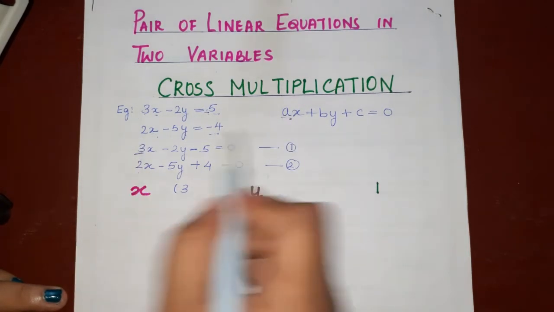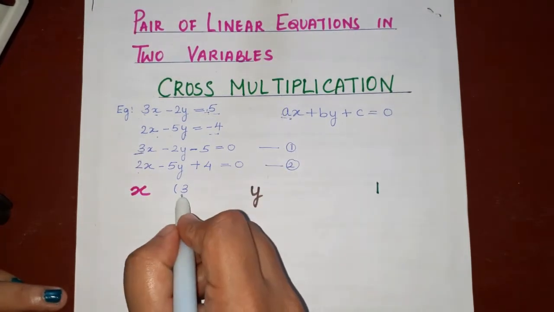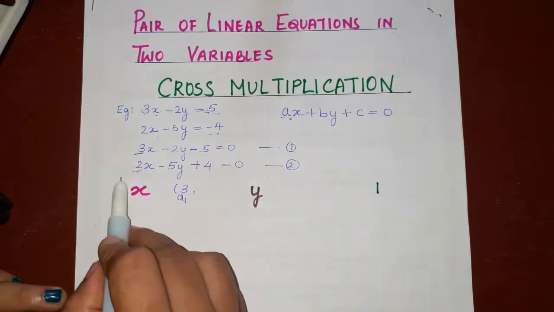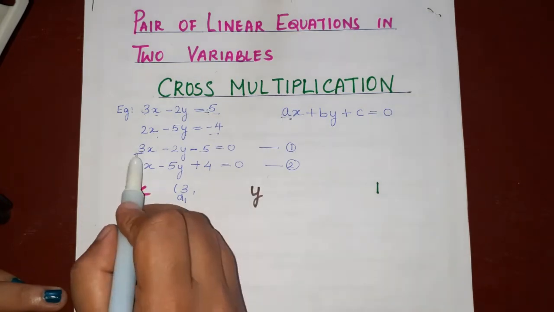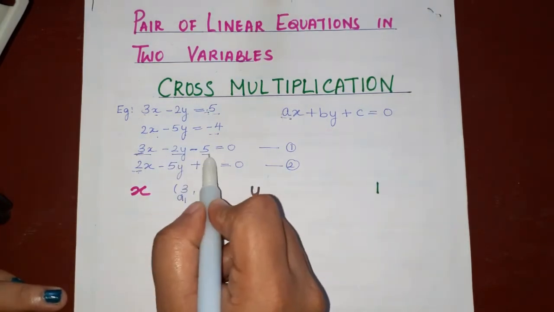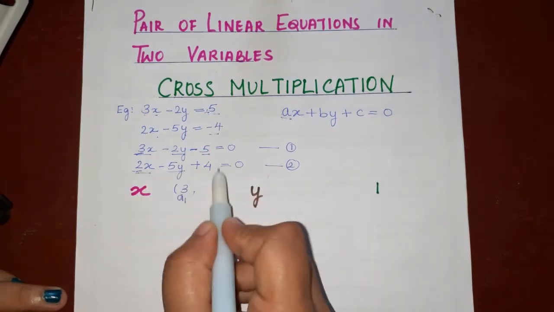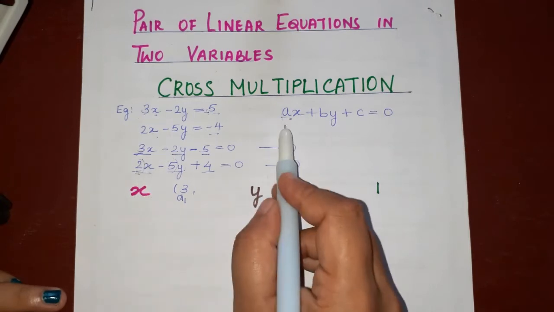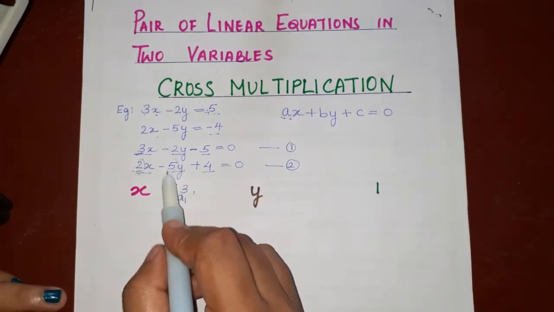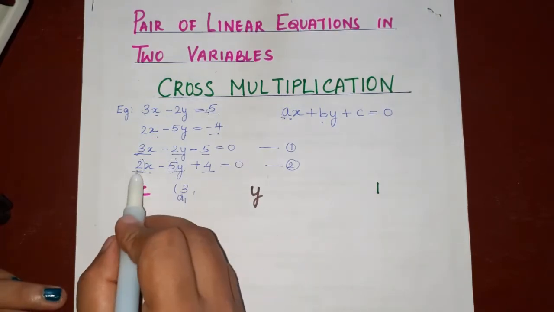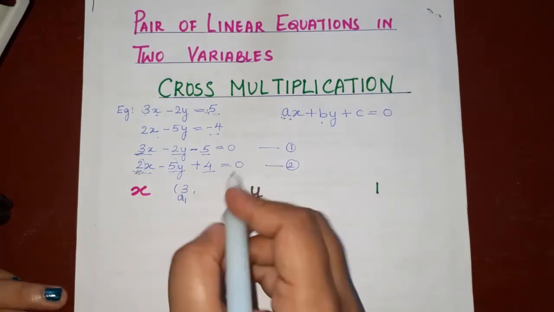The first number is always denoted as a, so this is my a1 and this is my a2 from my second equation. This is in the form of ax plus by plus c, so the numbers associated with the variable x are always a, and the numbers associated with y are always denoted by b. So a1 is 3, and from the second equation my a2 is 2.